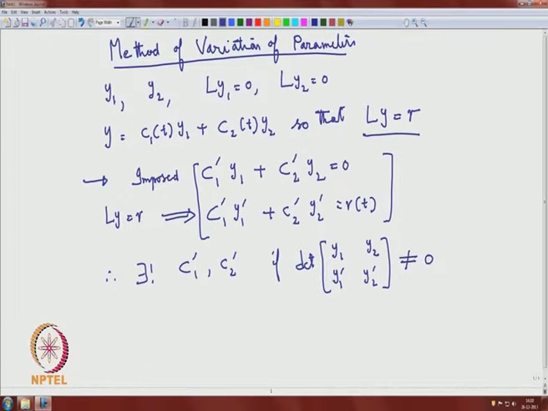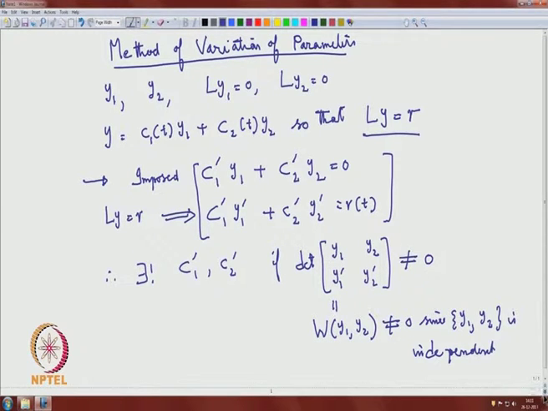But what is this determinant? It is nothing but the Wronskian of y 1 and y 2, and this is non-zero since y 1 and y 2 are independent solutions. So, we are through, in the sense that this is non-zero. So, there exist unique C 1 prime and C 2 prime.